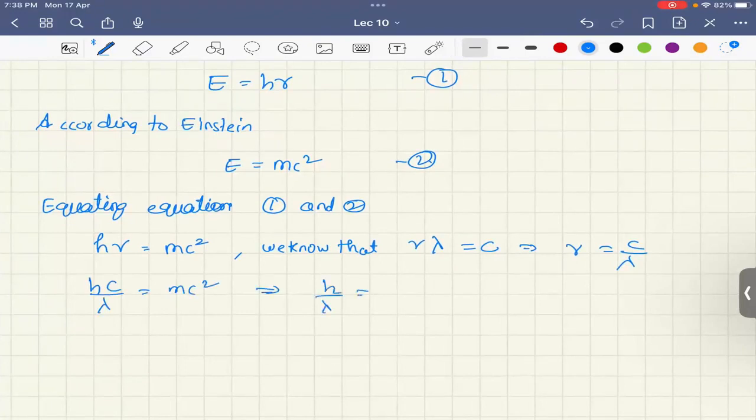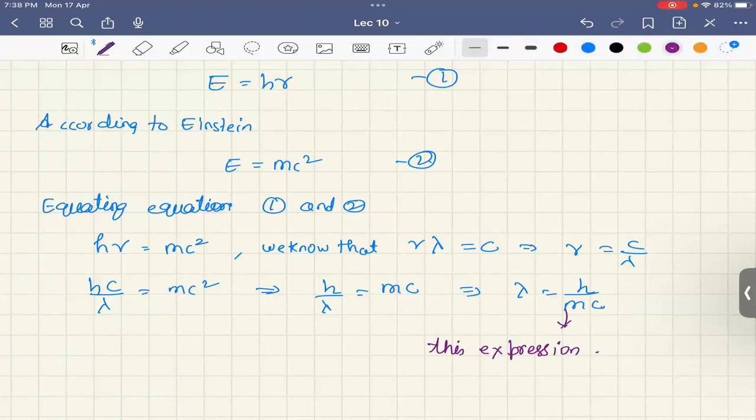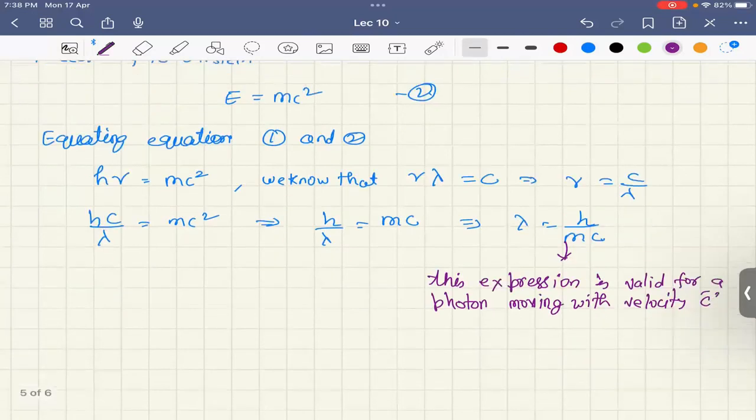That means h by lambda is m into c, which implies lambda is nothing but h by m c, right? This expression is valid for a photon moving with velocity c, which is nothing but the speed of light, right?